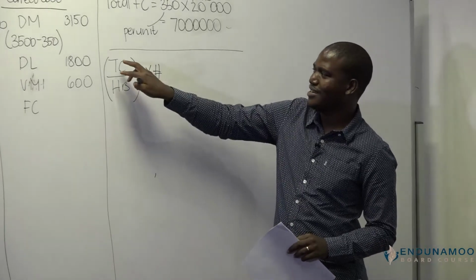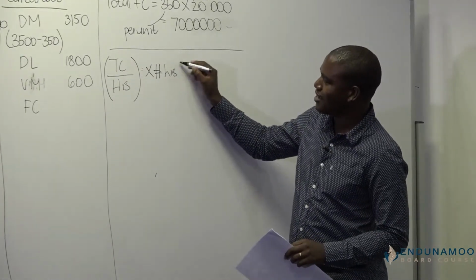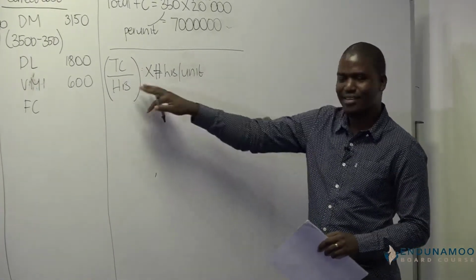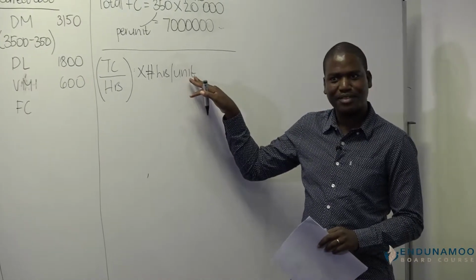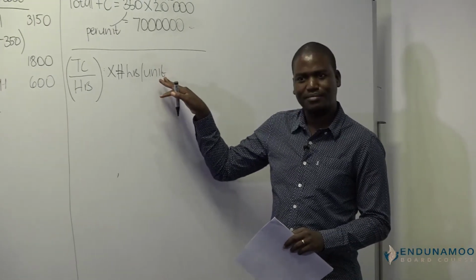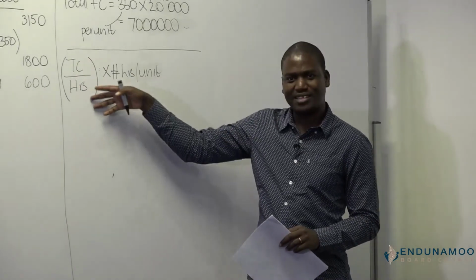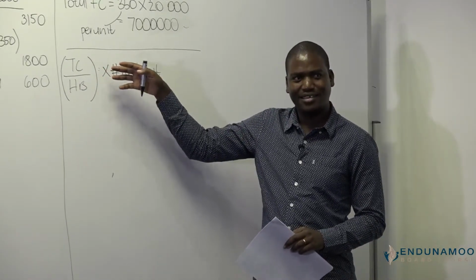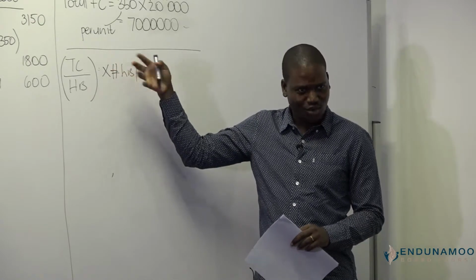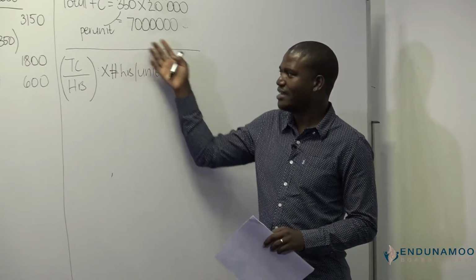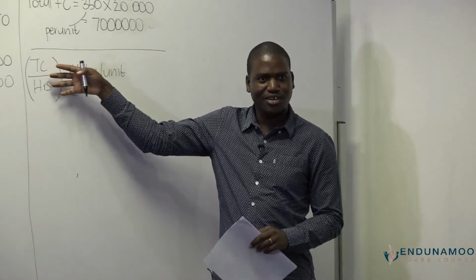What are you saying about this? What is wrong here? Yes, they multiplied by hours per unit. So, is the answer not based on this? Is that wrong to say? Is this answer not based on this ratio?